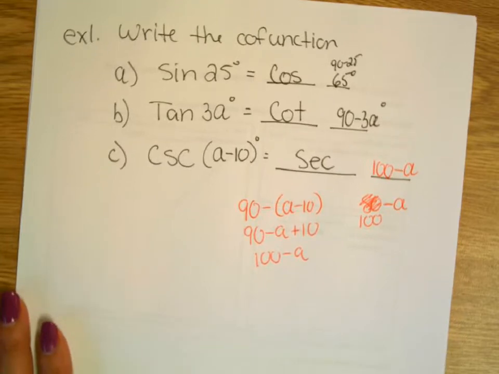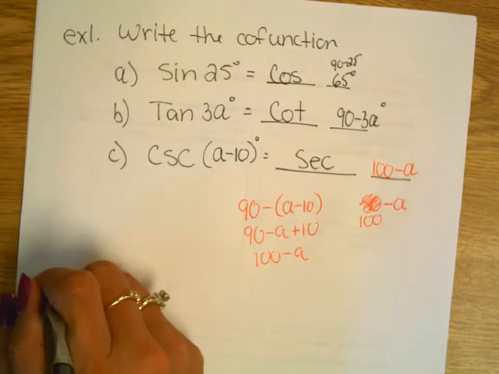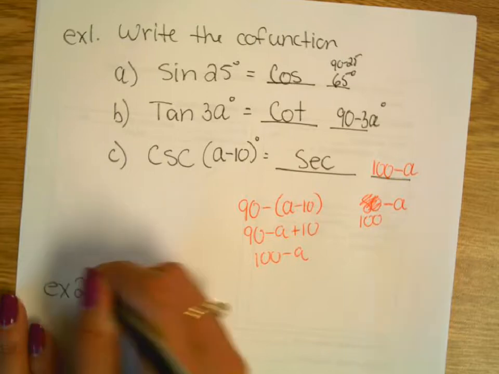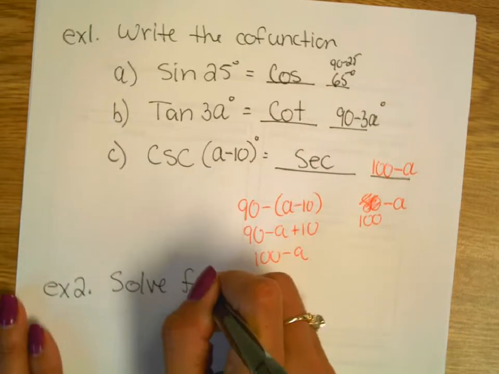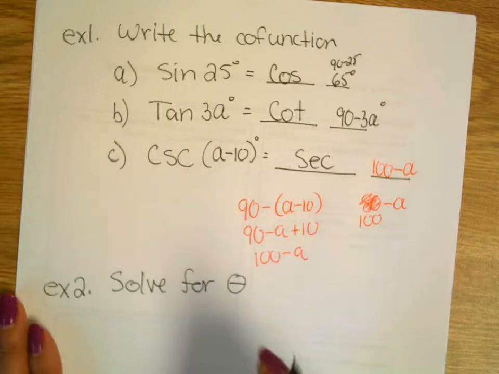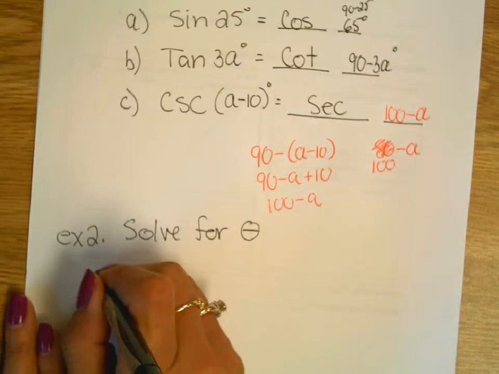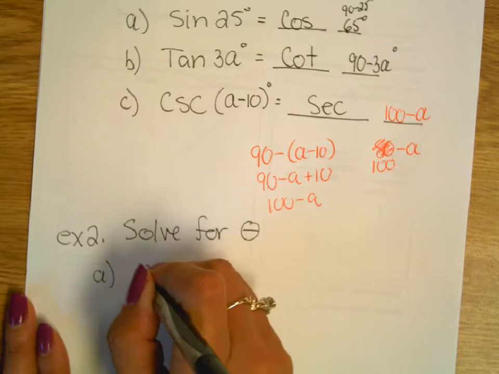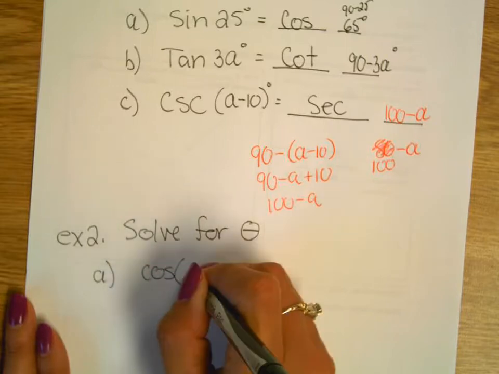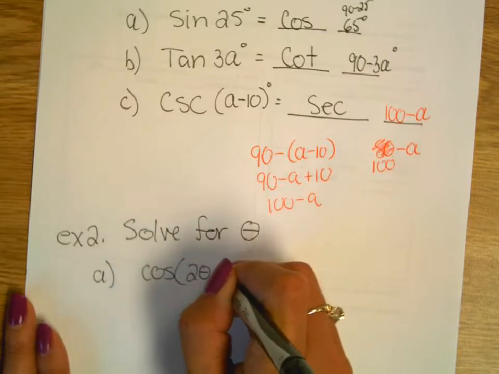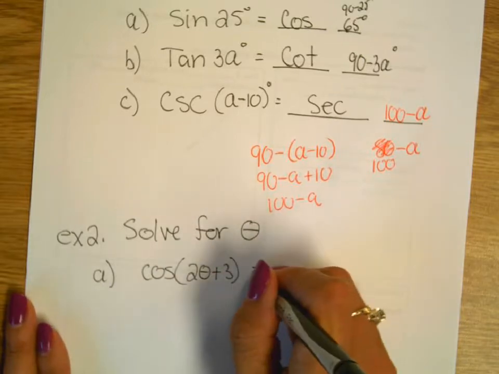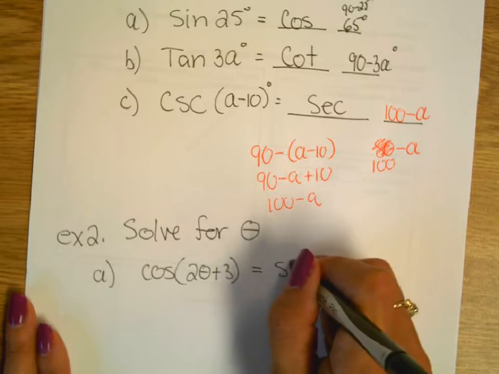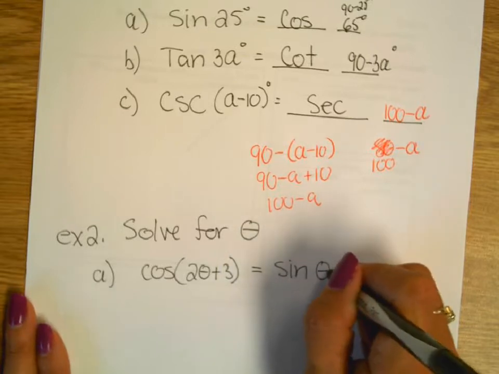Example 2. Solve for theta. Cosine of 2 theta plus 3, that ratio, whatever it is, coming out equal to the sine of theta.